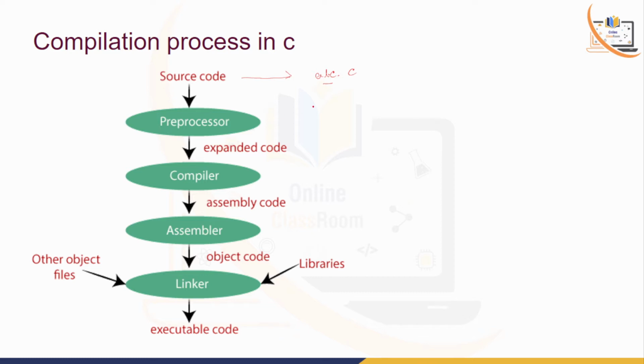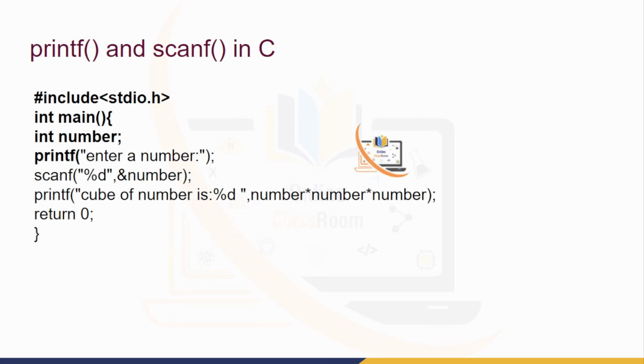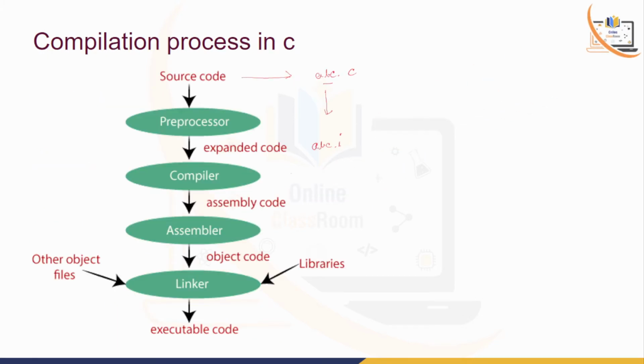Suppose you write a source code and give it the name abc.c; after that it goes to the preprocessor, and the preprocessor output is the expanded code, which is nothing but abc.i. So abc.i is the output of the preprocessor, and this is the expanded code.